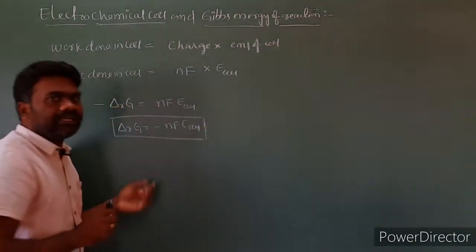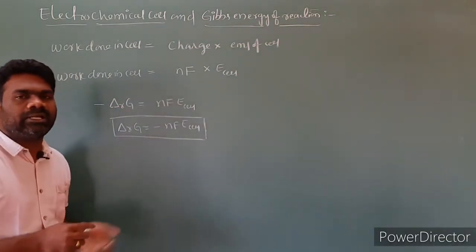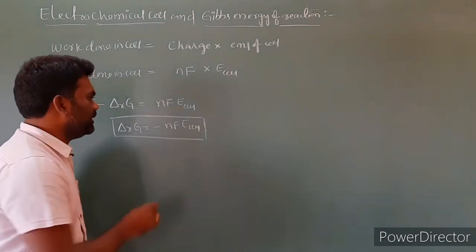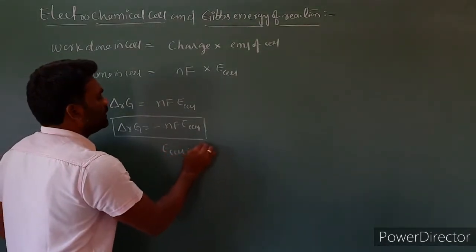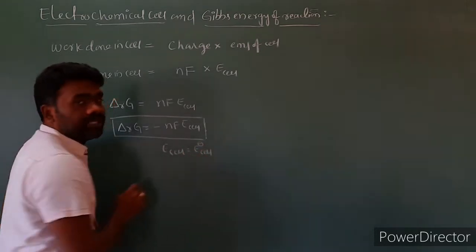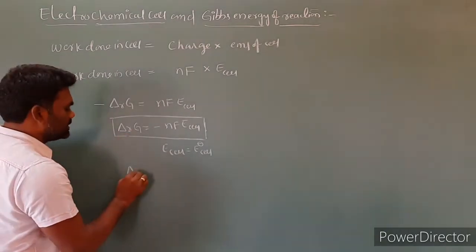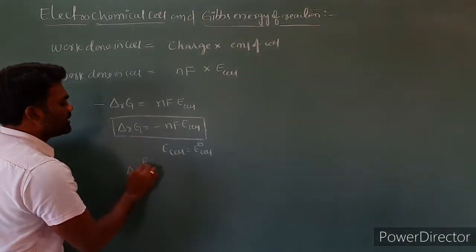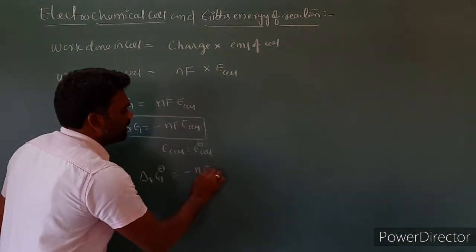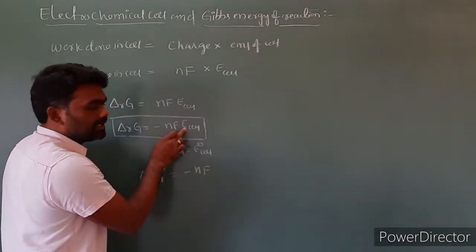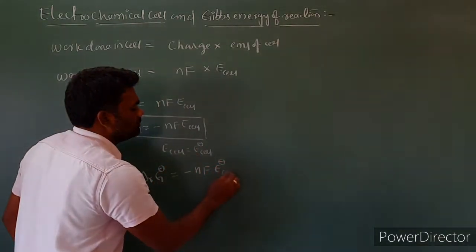If the concentrations of all the reactant species are taken as unity, then E cell is equal to E standard cell. Then we can take this Gibbs energy result in standard condition. Delta rG at standard condition is equal to minus nF, and in the place of E cell we substitute E naught cell, that is E standard cell.